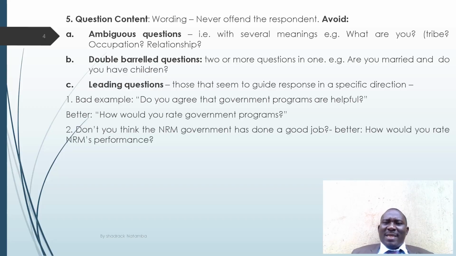Double-barreled questions. These are questions that have two or more meanings in one. So you ask one question, but it actually has more than one meaning. For example, are you married and do you have children? I think the best would have been to first find out whether the person is married before you go to children. When one question requires more than one response, you should avoid it, because one part could be answered and the other left.